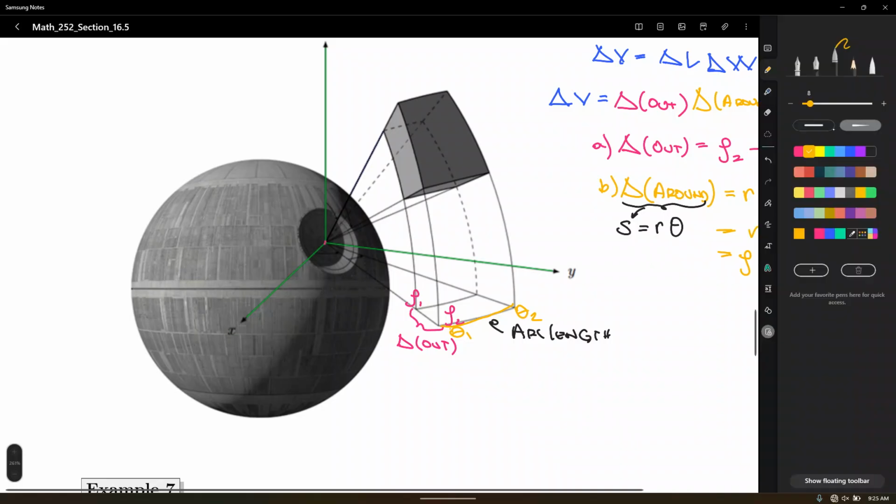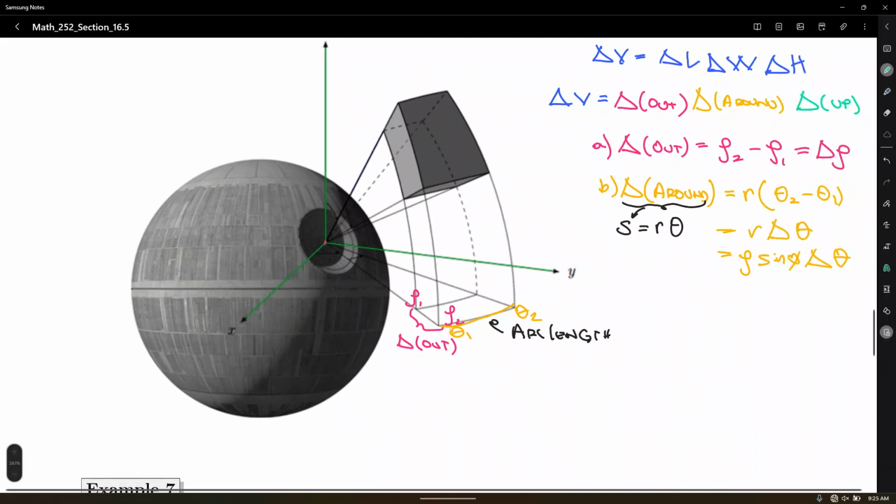Lastly, for part C, that is the delta up. That is from this point to that point. That is this length. But how do we describe that length, you might wonder? Isn't that another arc length, but an arc length that is going up, not going around? How do we describe that arc length going up?